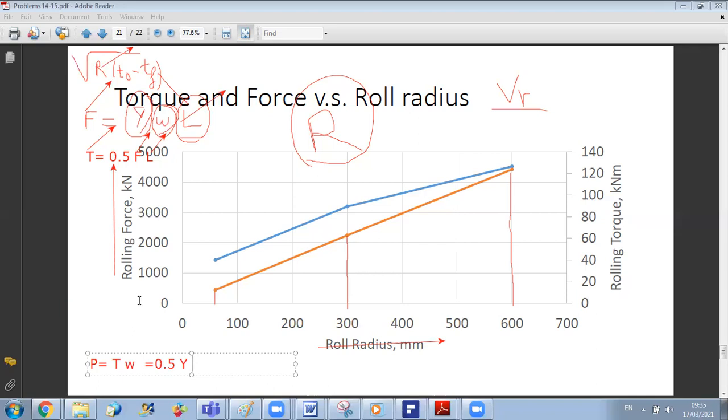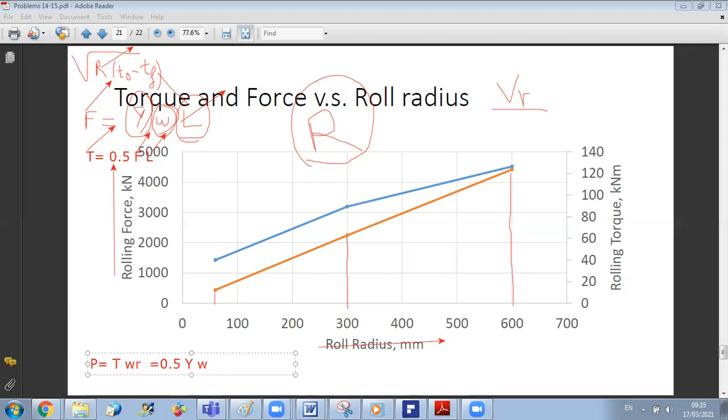Do not confuse between angular velocity and width. So here I will put omega rotation. So it's 0.5 y times the width.